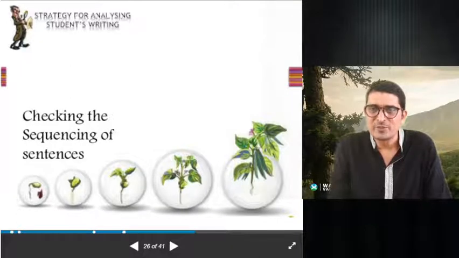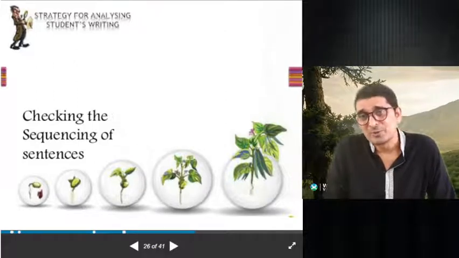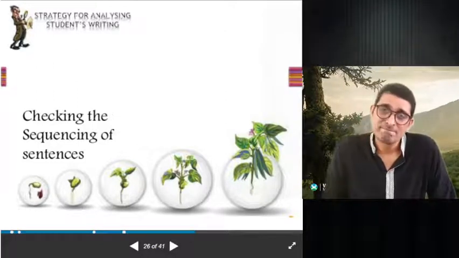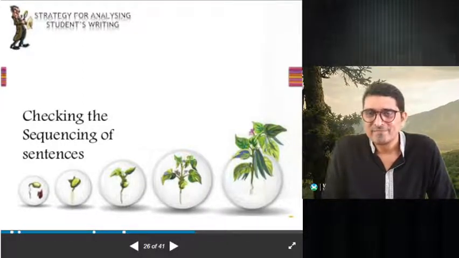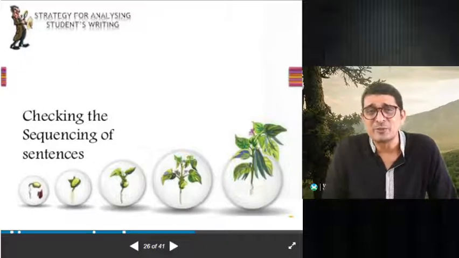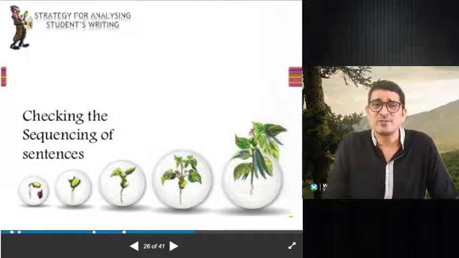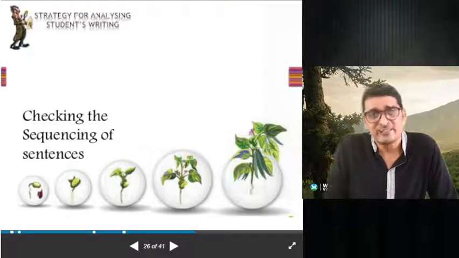Just keep the sequencing: I was ill yesterday, so I could not come to school. So these sequencing words: then, for, so, therefore, such words. You should check whether these words are used at the right spots, whether they are able to keep the sequence of the sentences. It's also important in the case of writing.